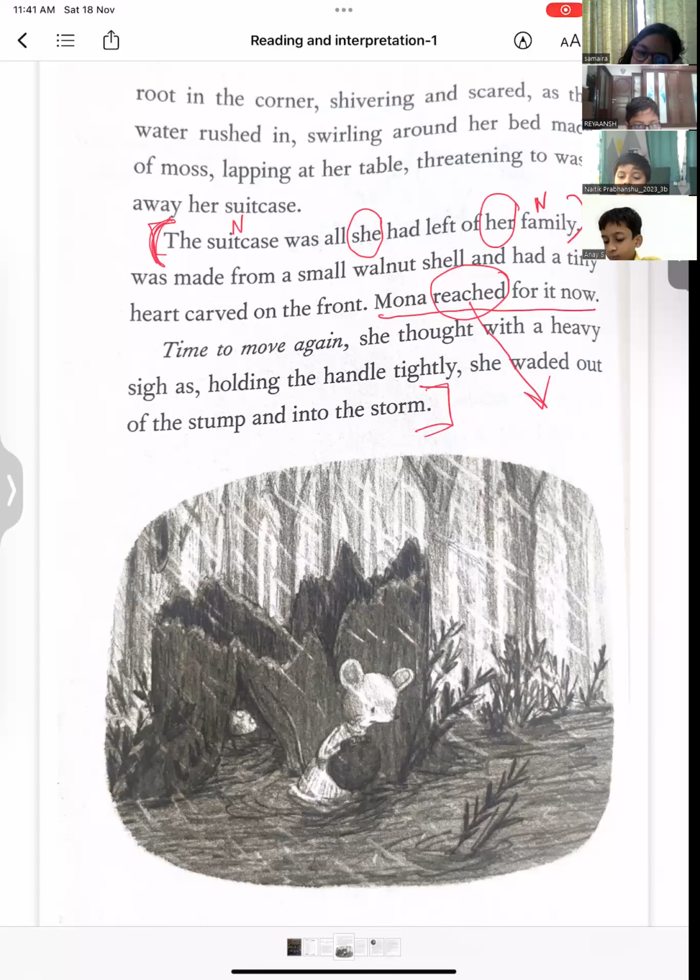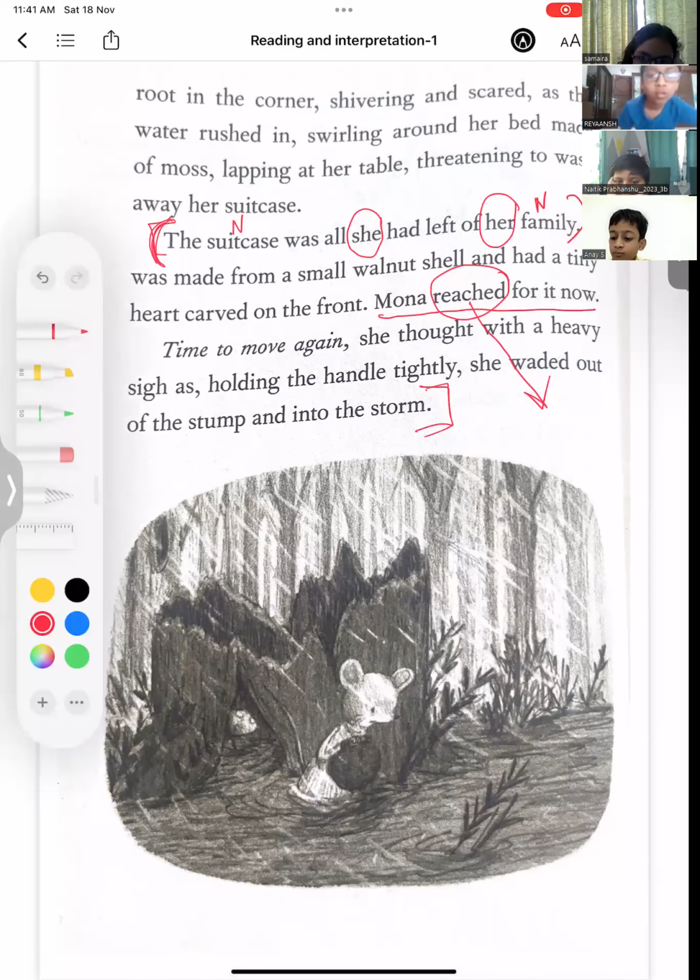My next question is wading. Do you know a bird or an animal or any creature who wades? Ducks, flamingos. Birds like ducks and flamingos wade because their feet have been designed this way. Let me draw it for you. We are doing a little bit of science also.